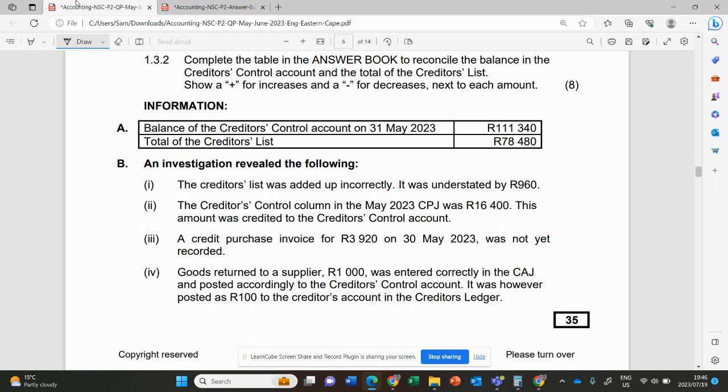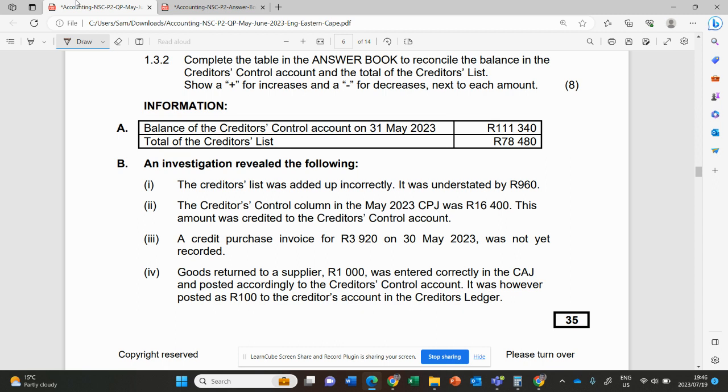It was, however, posted as 100 rand to the creditors account in the creditors ledger. So what they are saying is that this was correctly recorded in our journal and posted accordingly in the creditors control account.